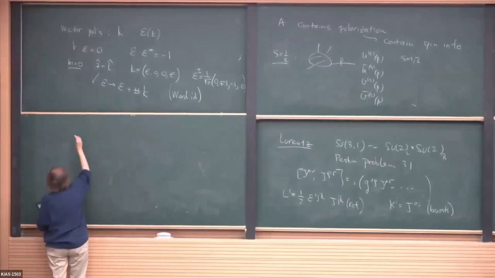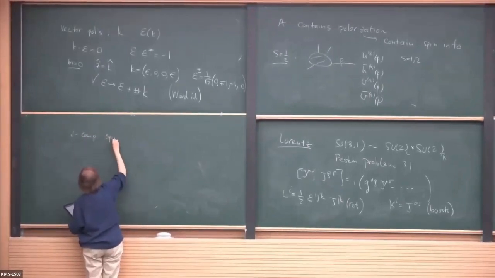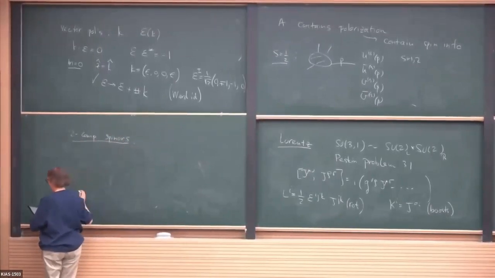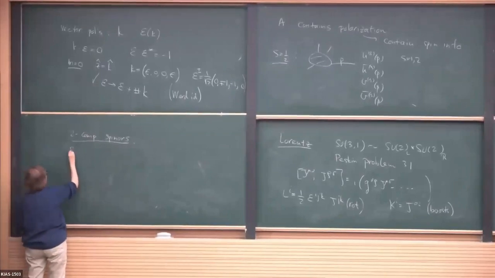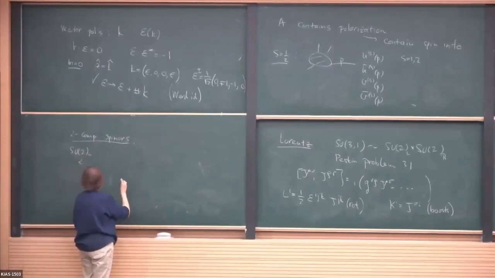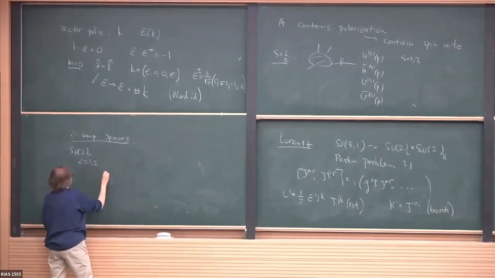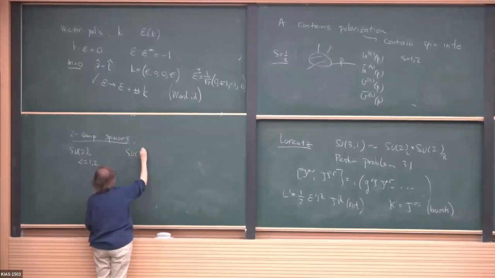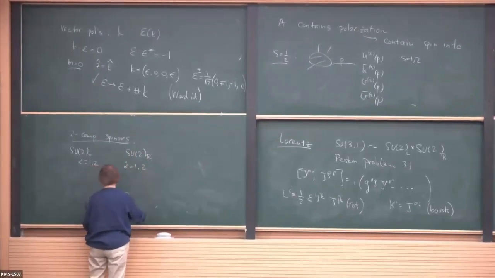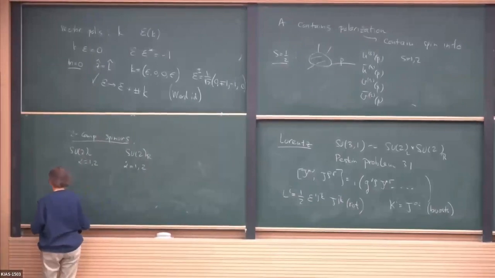So we're going to use two component spinors, and we're going to label them as follows. The SU(2)L indices we're sometimes going to call alpha, where alpha runs over 1 and 2. And the SU(2)R indices we're going to call alpha dot, that runs over 1 and 2.